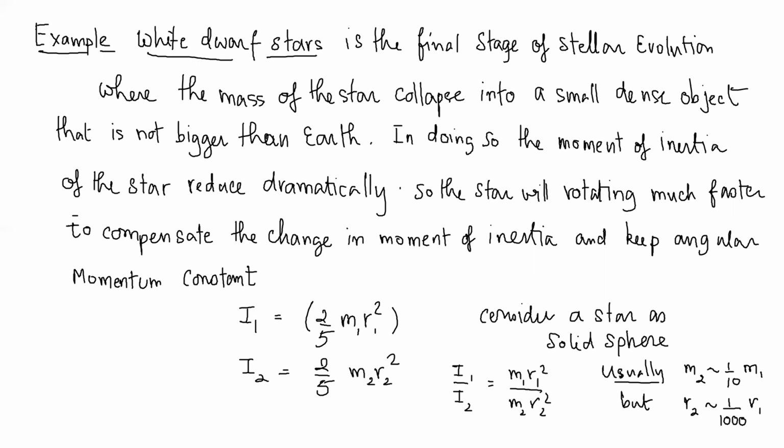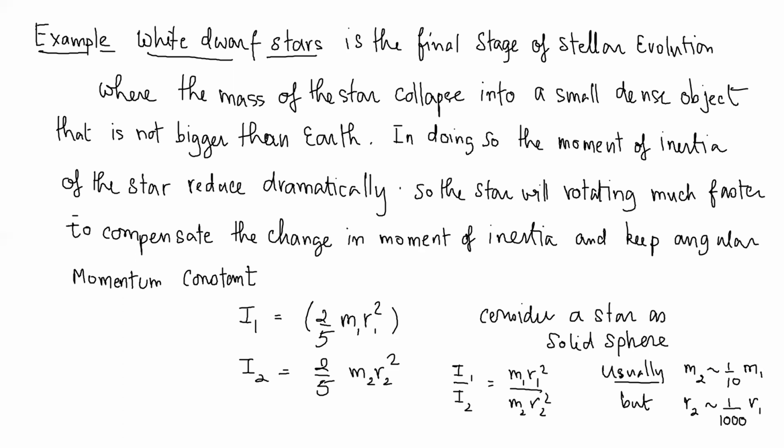At the end of their life, the star collapses into itself. So the mass is compressed into a small object that is not bigger than Earth, but it has the mass of the whole star.